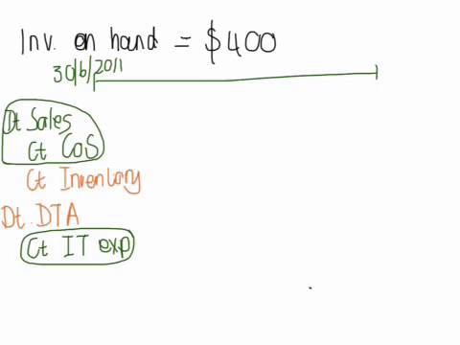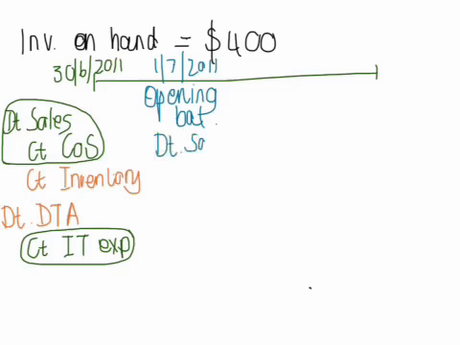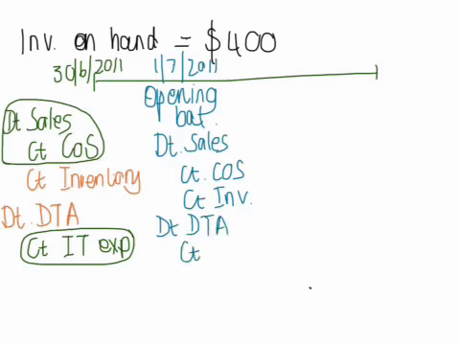So if we had to recreate this entry at the beginning of the year in order for our opening balances to agree with our closing balances of the previous financial year, so our opening balances on the 1st of July 2011, we would have said debit sales, credit cost of sales, credit inventory, debit deferred tax asset, credit income tax expense.